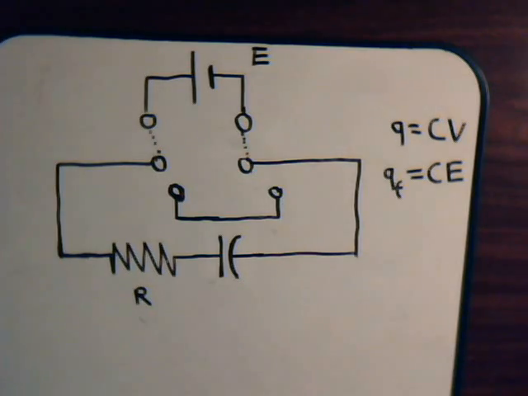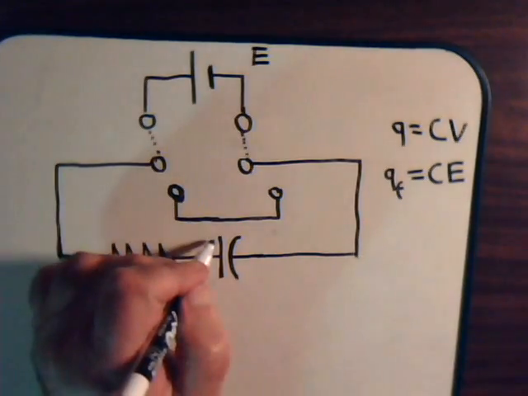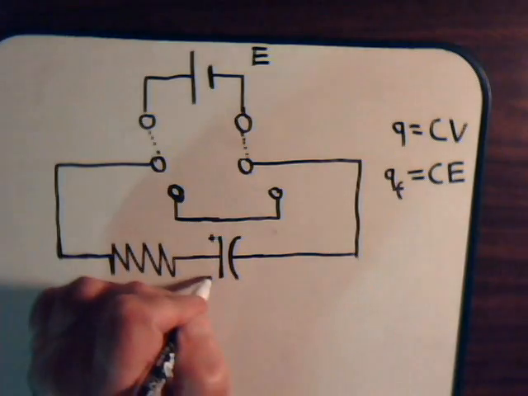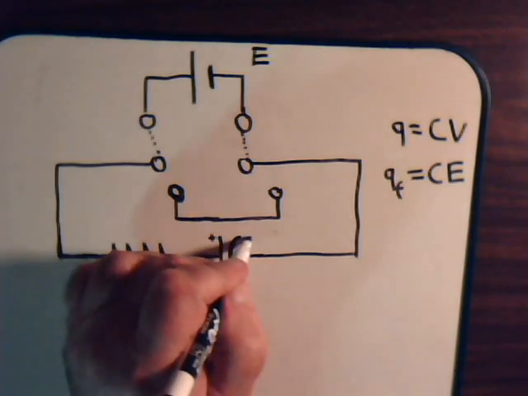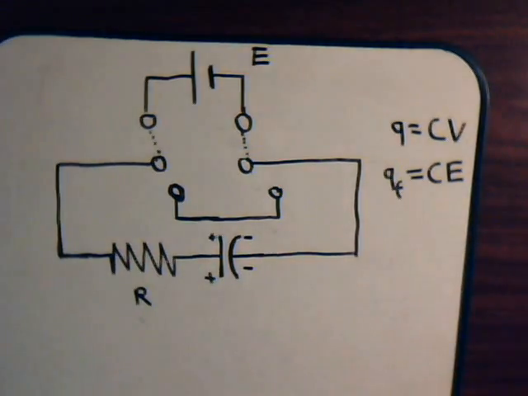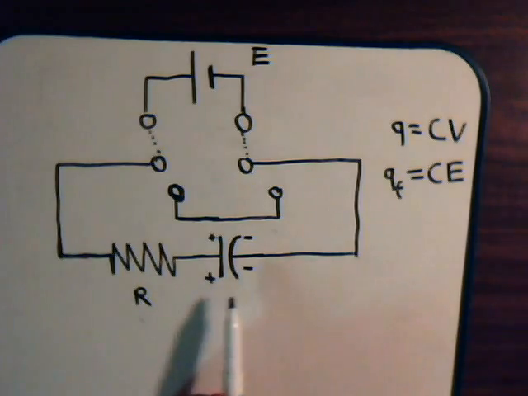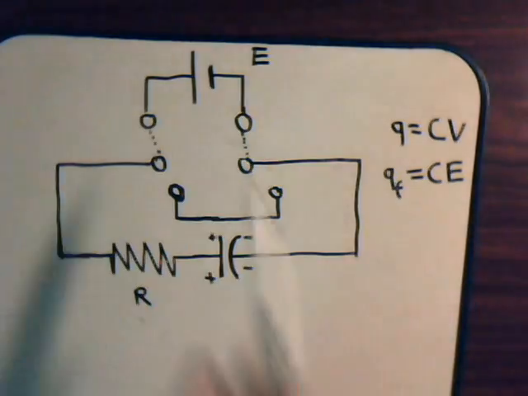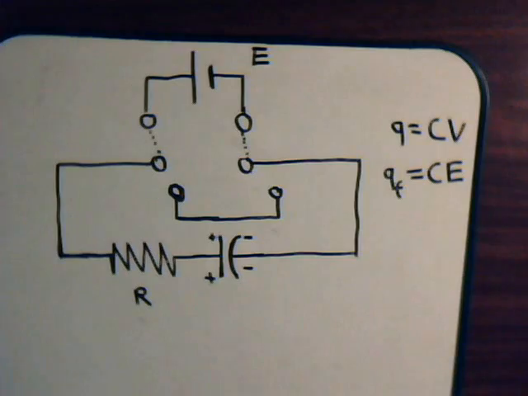The magnitude of it is just the battery voltage divided by the resistance, E over R. But then with that current, there's a charge accumulation on these capacitor plates with this polarity, as we discussed in the previous video, so that the voltage across the capacitor opposes the battery voltage.